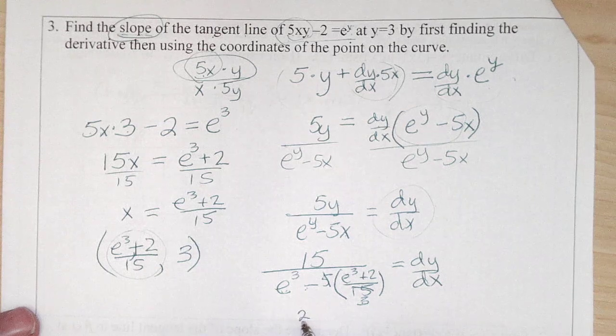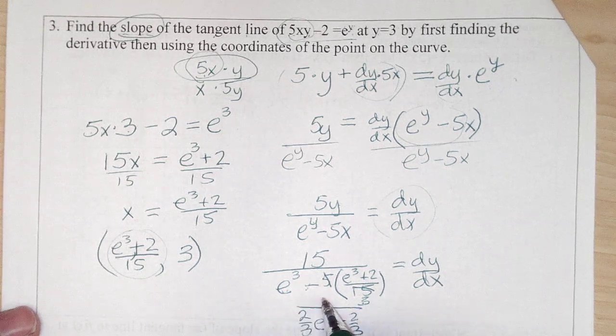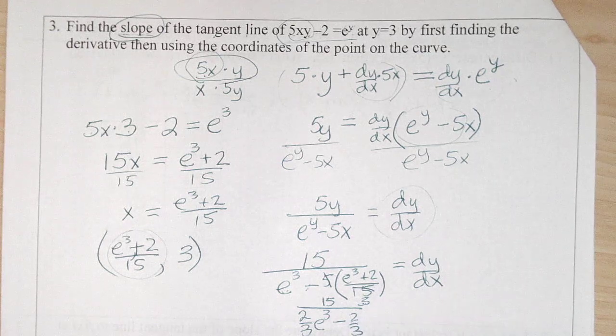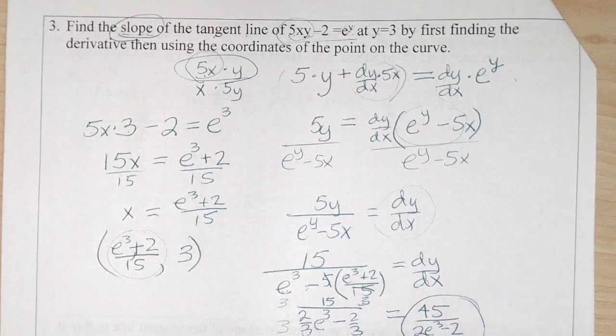So that's 2 thirds e to the third minus 2 over 3, and I have 15 over that. And if I wanted to, I could multiply by 3 in the numerator and the denominator, and I would get 45 over 2e to the third minus 2. That's the exact slope.